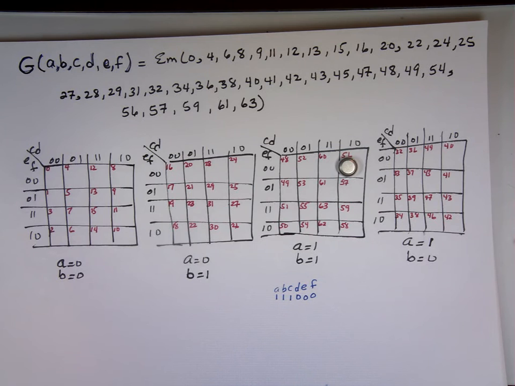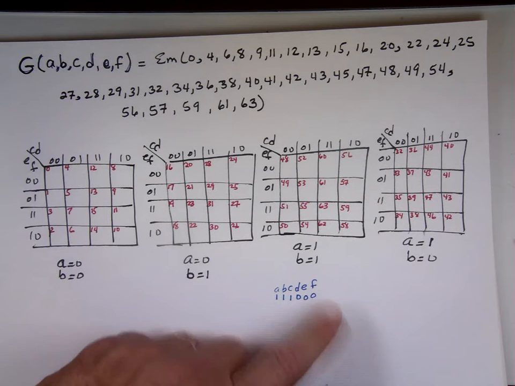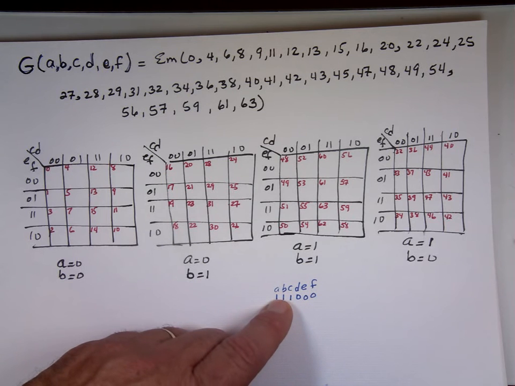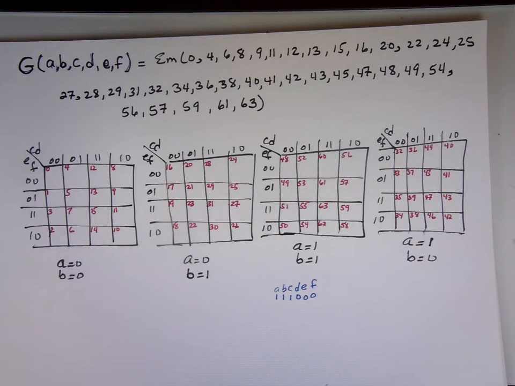Let's see if it's 56. Remember the weight is 1, 2, 4. So far that's 8, 16, and 32. What's 8 plus 16 plus 32? 56.